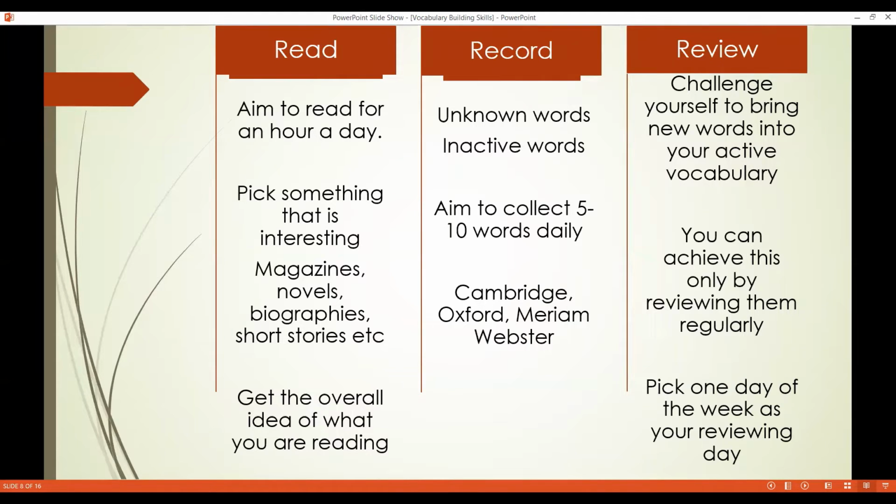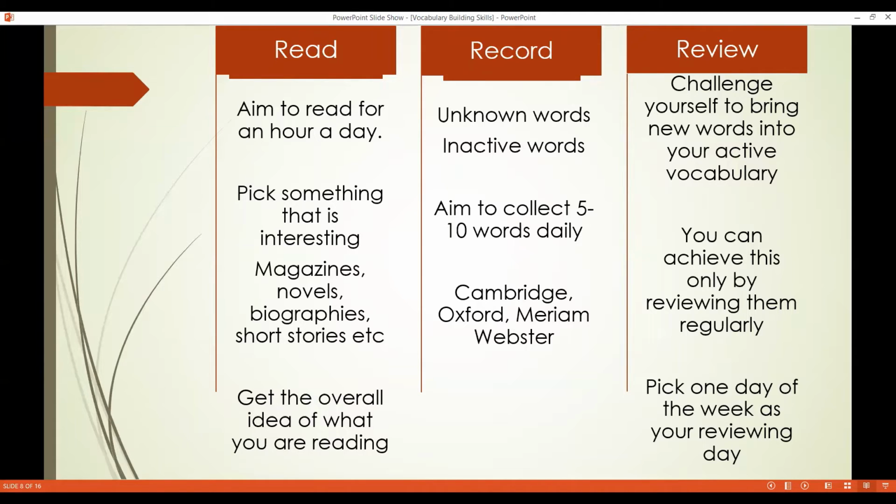It could be a magazine, a novel, a biography, short stories. A Kindle is not necessary all the time. Most of you have Kindles in your hands, but it is only an excuse if we say, okay, I don't have a Kindle in my hand, so I cannot read.